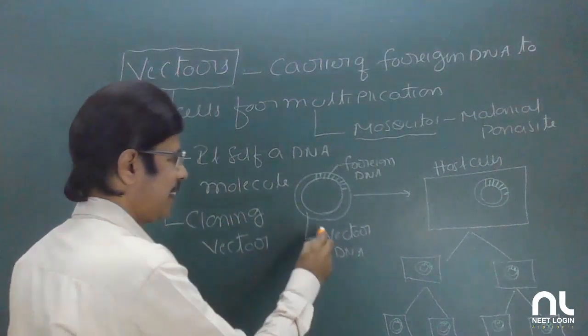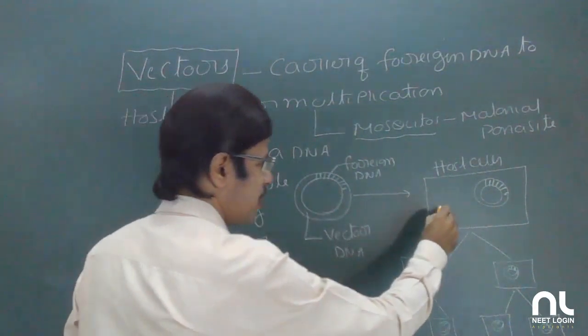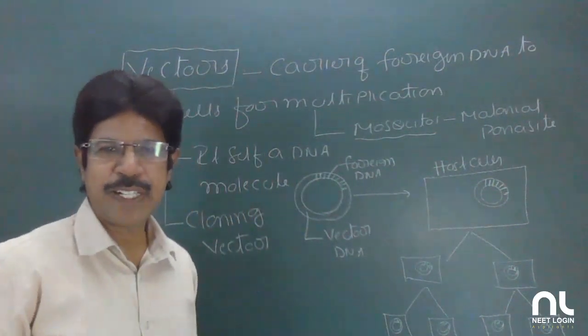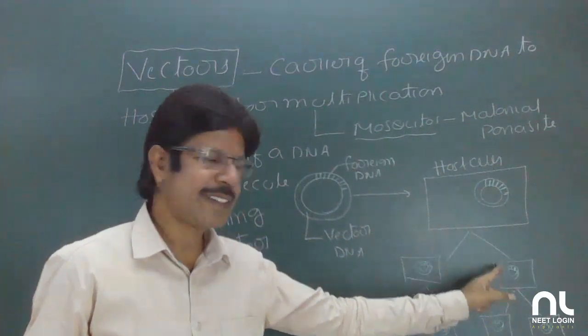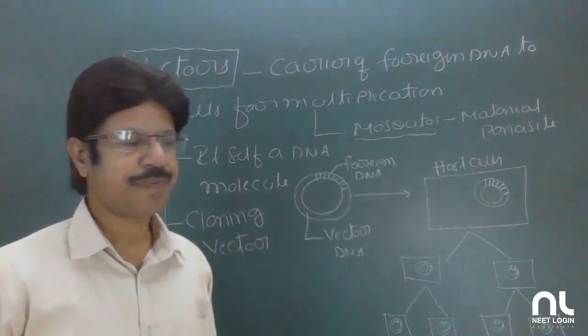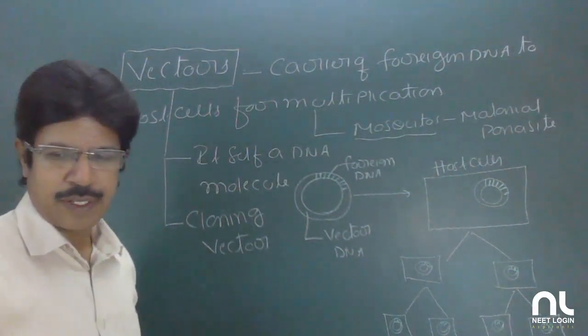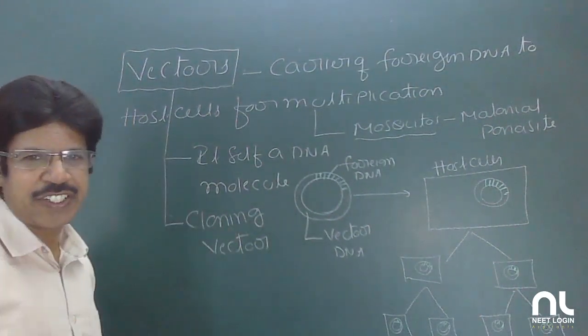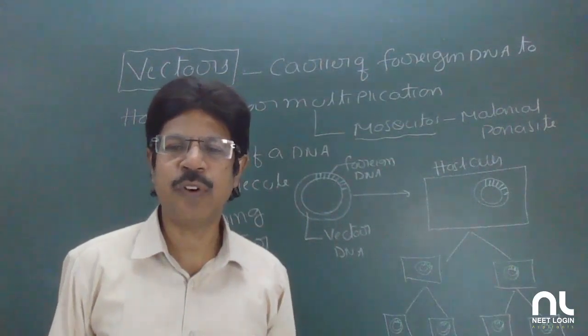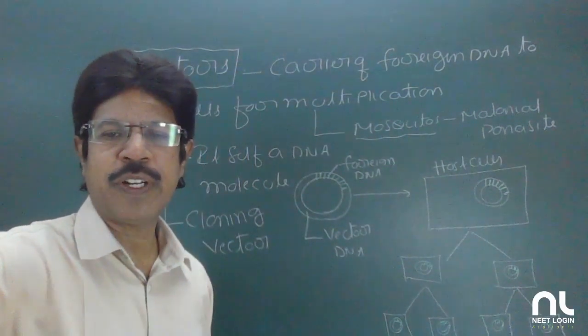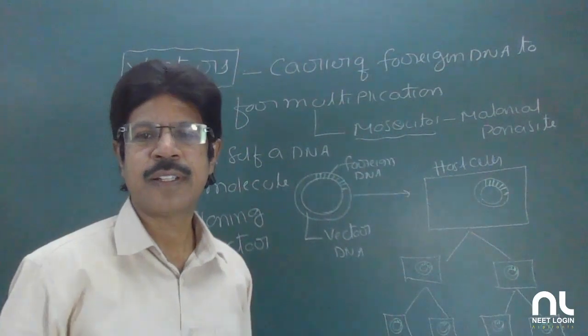And this vector DNA, that is nothing but plasmid, is introduced into the cell and multiplies along with the cell, every cell division. Okay. So, cloning vector. Vector is a carrier, a vehicle to carry the foreign genes to the host cells.